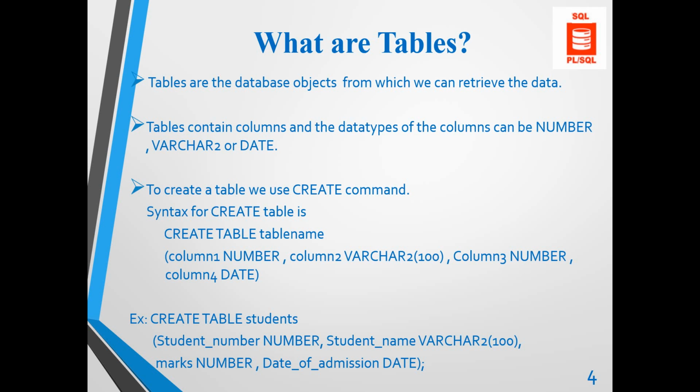A table can contain columns of the data types number, varchar2 or date. When you create a column, we need to mention the data type of the column. That is mandatory, and the data type can be any one of number, varchar2 or date, but it cannot be a mix of two data types.